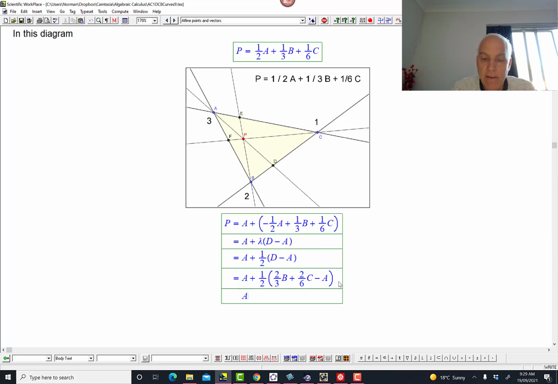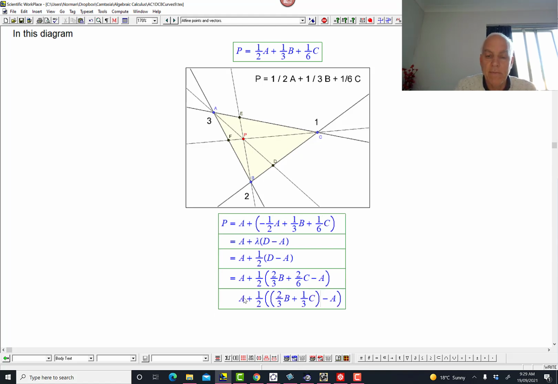That is A plus this fraction, which can be made as 1/3 C. And this then is the point D. So I've just rewritten it in this form, and so we find that the point D is actually equal to 2/3 B plus 1/3 C.